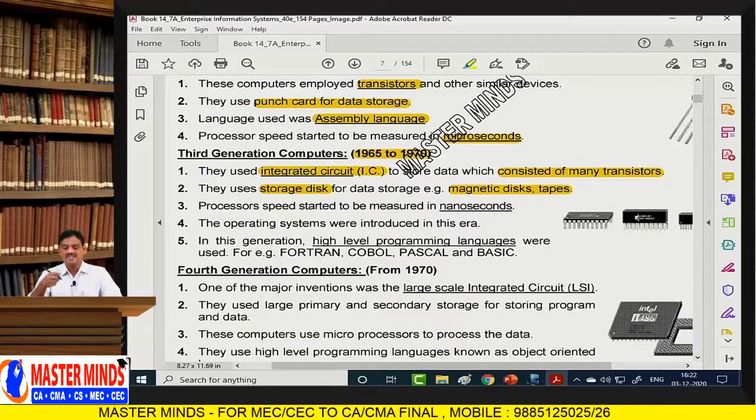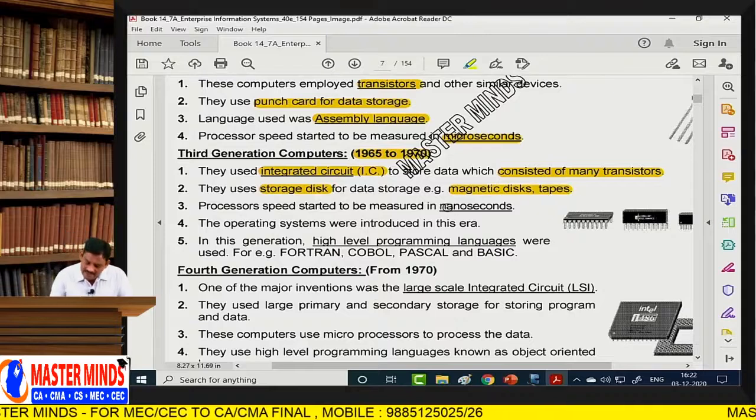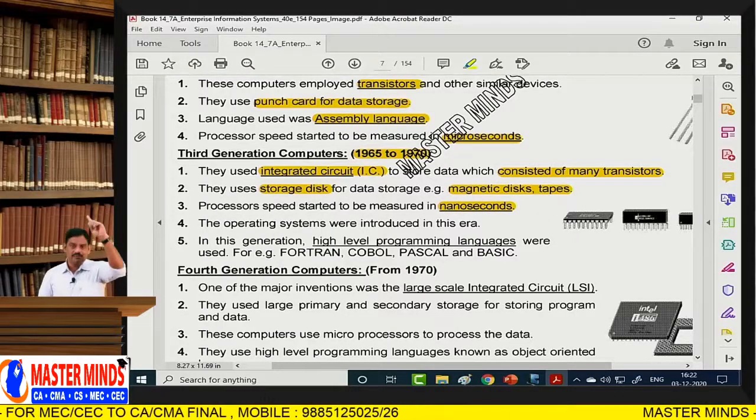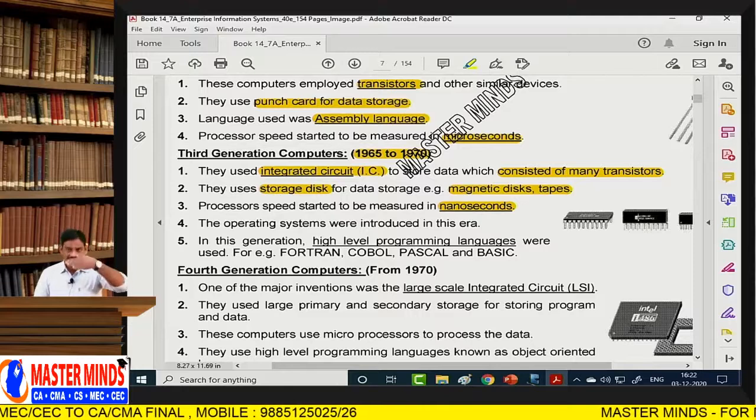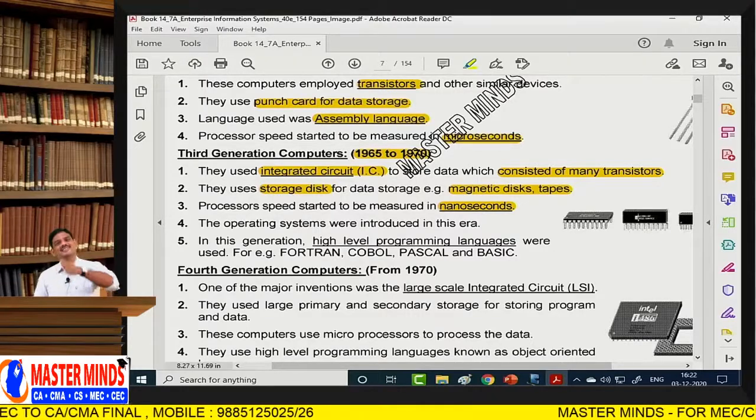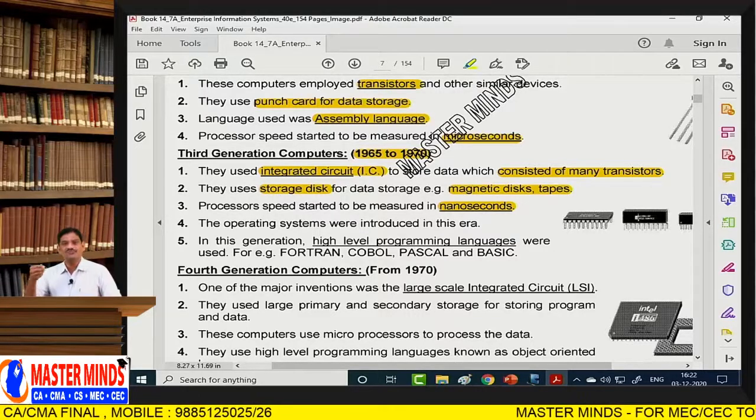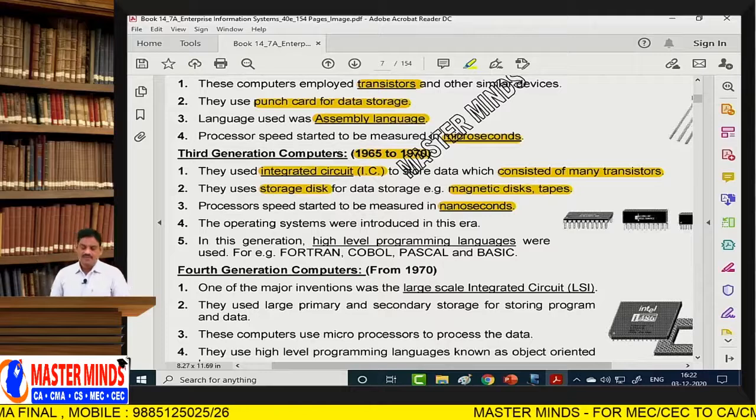I will tell you later what magnetic tape is and how it works. Processor speed started to be measured in nanoseconds: millisecond, microsecond, now nanosecond, next picosecond. In the fourth generation, we have picosecond.